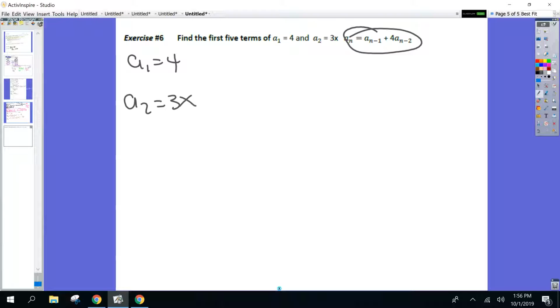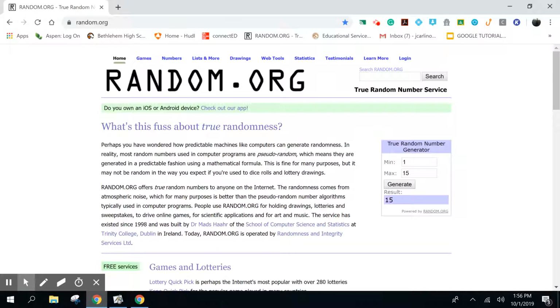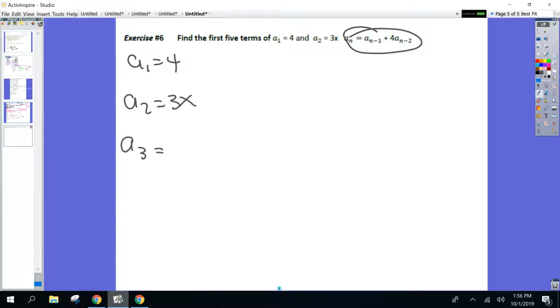All right, I need somebody to help me with the third term. Okay, here we go. Finding the third term. Start with the formula. Find any term, I take the, go ahead. What's my previous term if I'm on the third term?